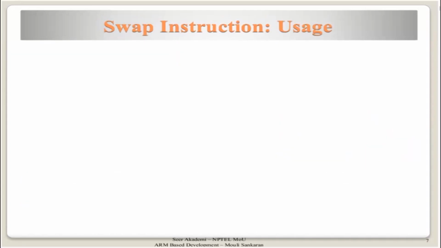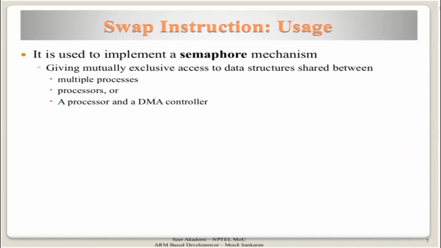Let us see where it is used. I explained this already: multiple processors. I mentioned DMA, but within the processor itself, as all of you must be aware, there can be multiple processes running. P1, P2, they are different processes.